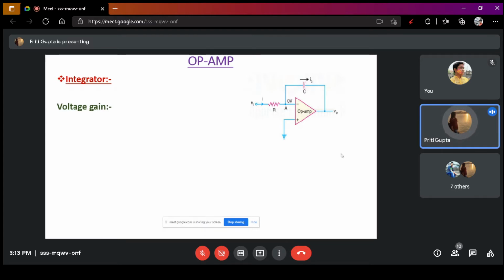Maybe you will get a question to write a short note on adder, and you may get confused about what an adder is. So adder and summing amplifier are both the same. Once the drawing part is done, let me know.